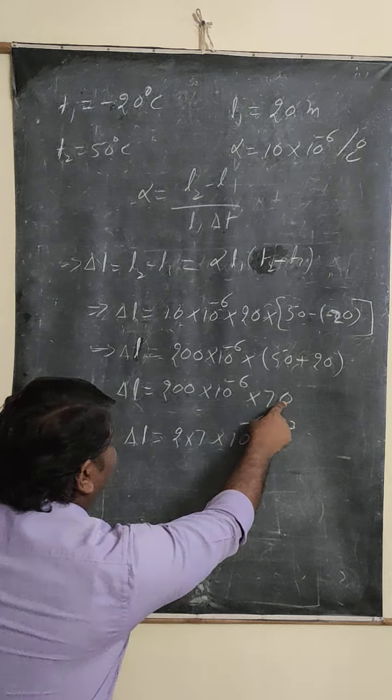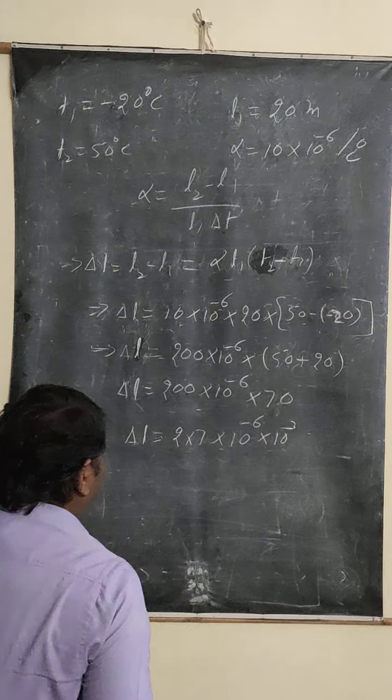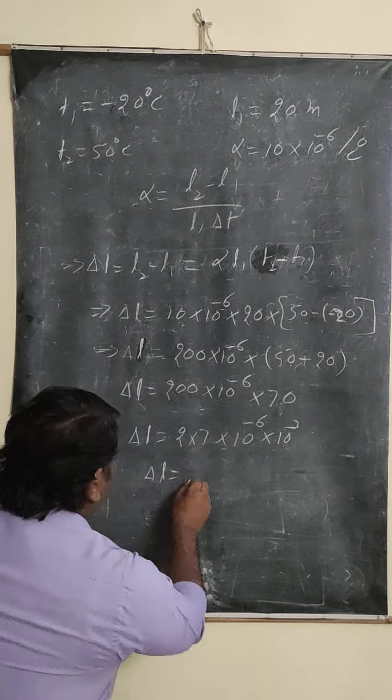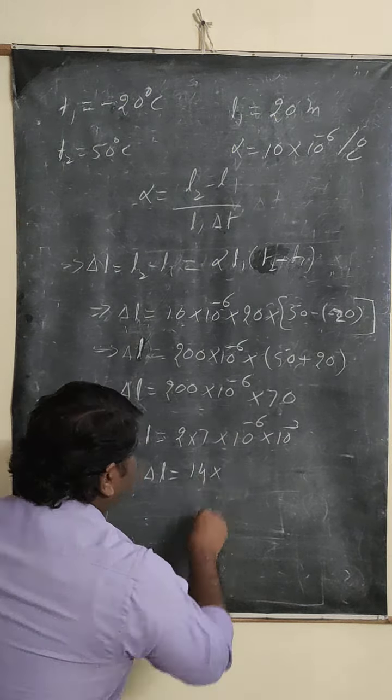Now delta L is equal to 2 sevens are 14 into 10 power minus 3. It will be given in meters. So delta L is equal to 14 into 10 to the power of minus 3 meters.